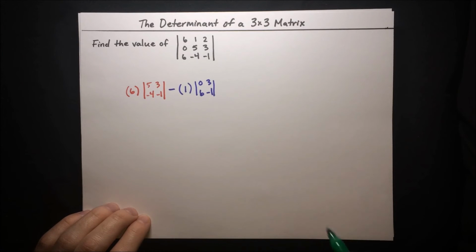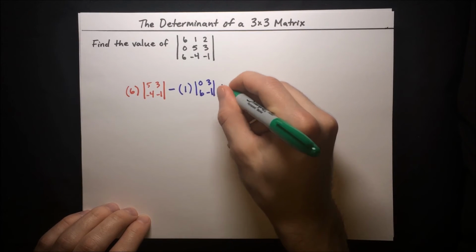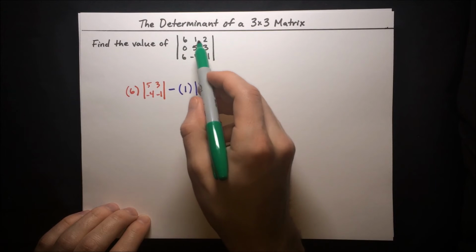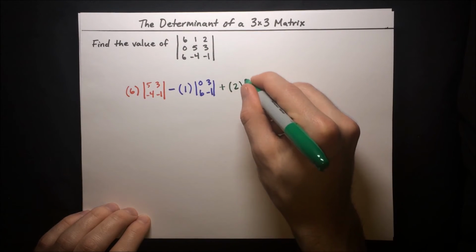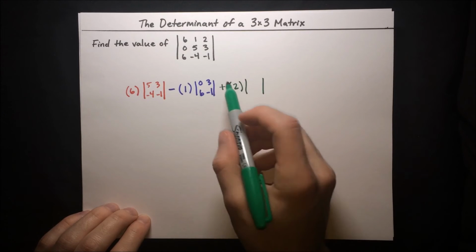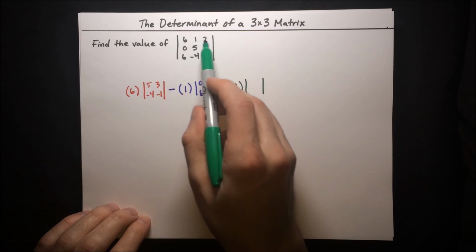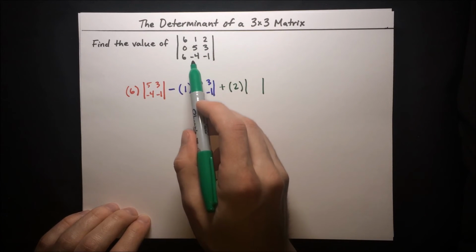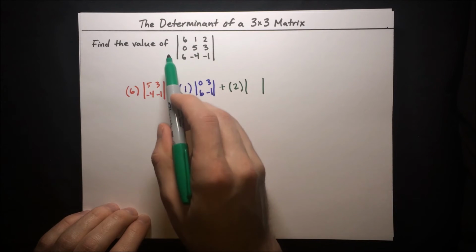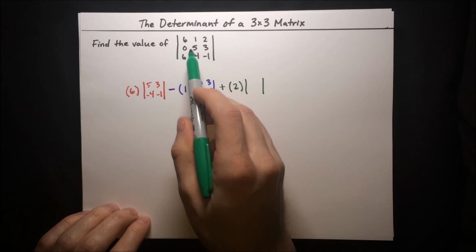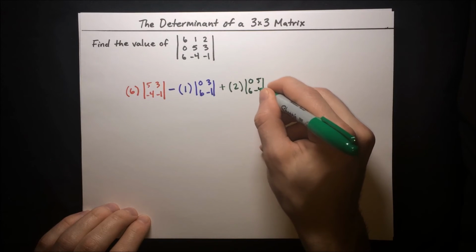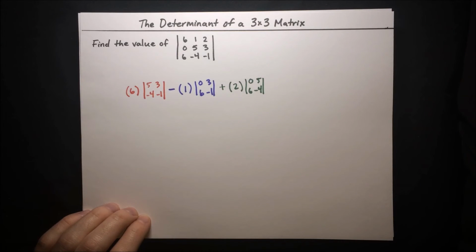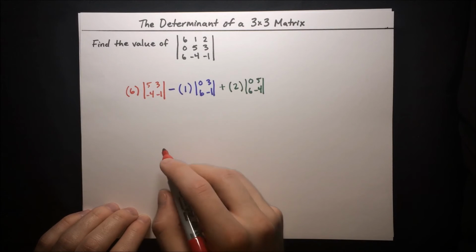Alright, now the last term here, just plus the third term in the first row, so plus 2 times the minor corresponding to this 2, so remove that first row, remove that third column, and you're just left with the bottom left section of the matrix, so 0, 5, 6, -4. Now that we've got it all set up, we can proceed with our computation.